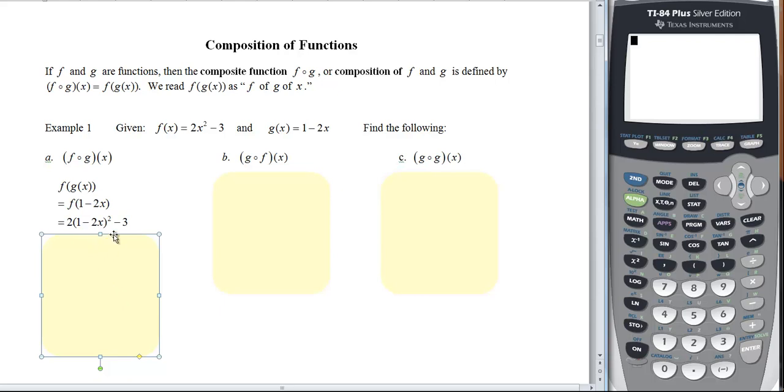So if I FOIL that, that would give me 1 minus 4x plus 4x squared. Okay, now I've got to distribute the 2 and combine like terms and put it in descending order while you're at it.